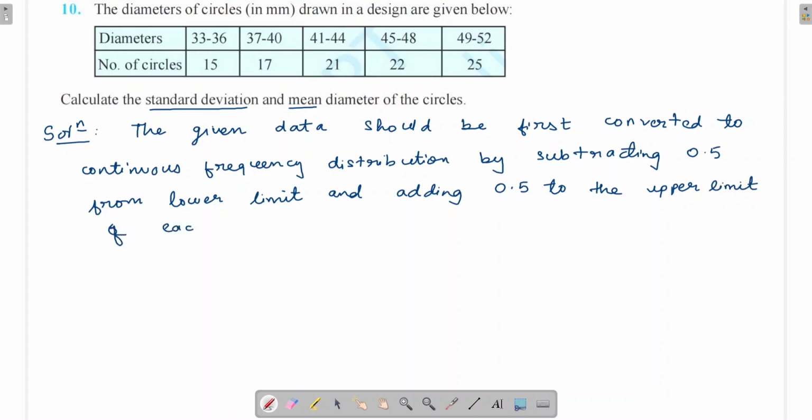Okay, of each class interval. So once you know this, we can now go and write down the table.